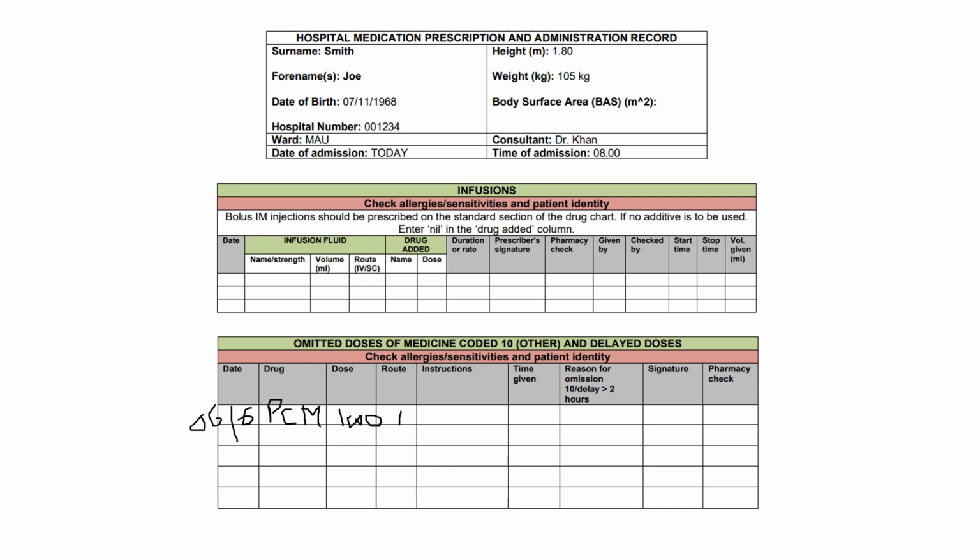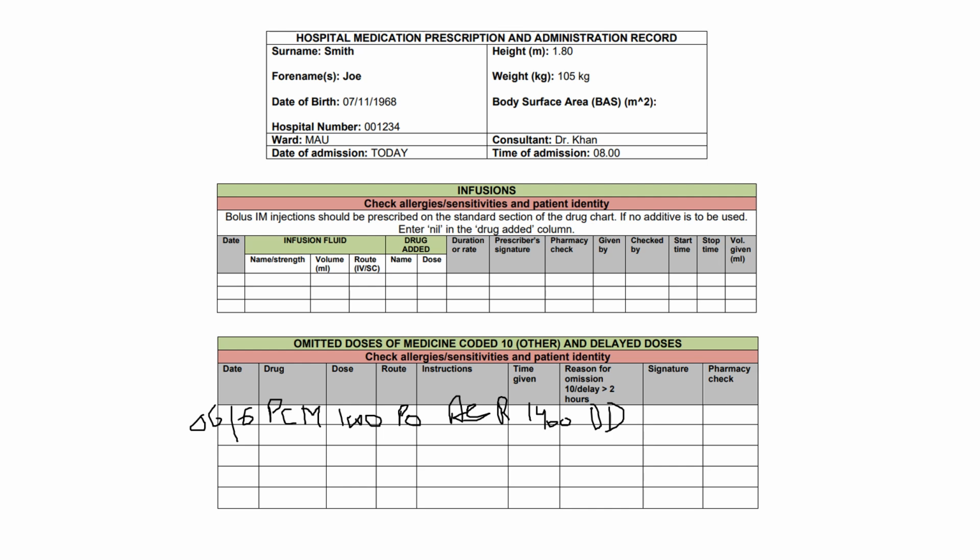Route is oral. Instruction is as required medication. Time given is 14 hours. Reason for omitted: once only pain medication given.